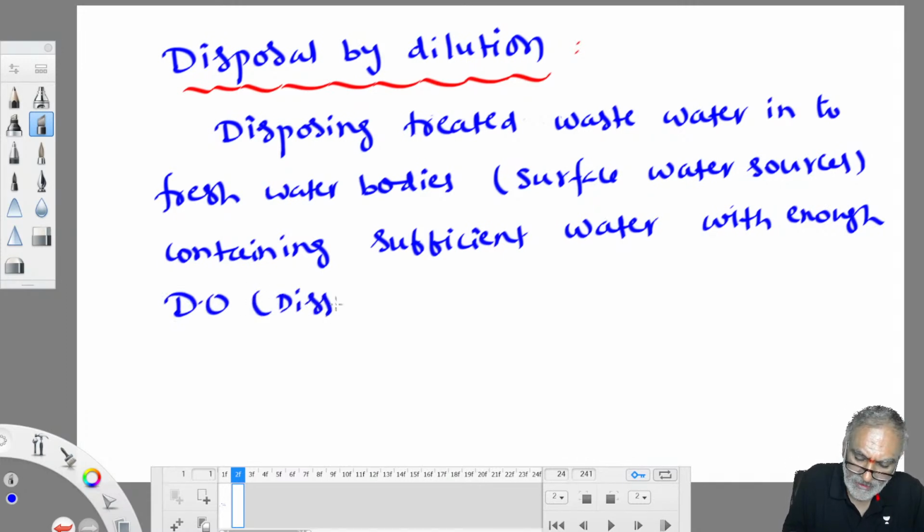DO means dissolved oxygen. This is known as disposal by dilution. Okay?